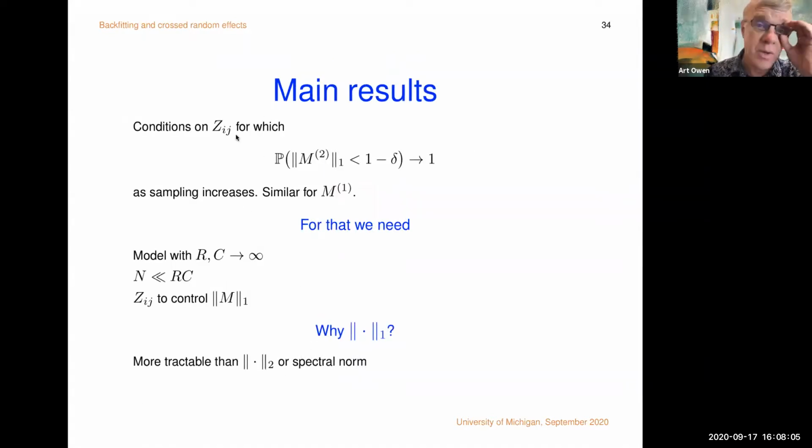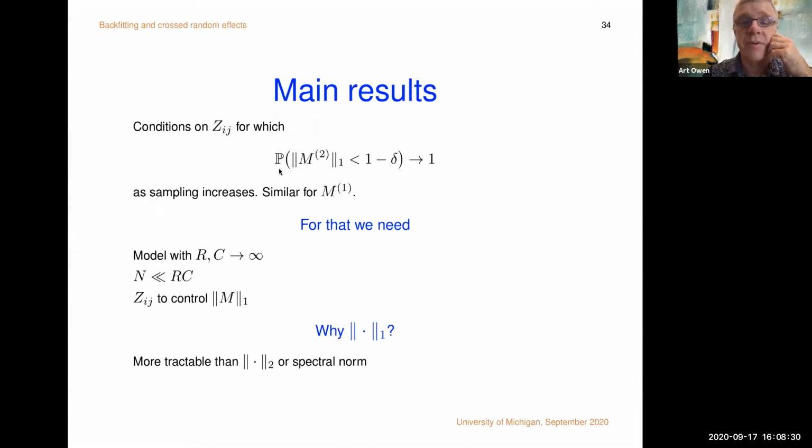Okay, what do we do? We find conditions on this observation pattern that will keep the L1 norm of our matrix away from 1. And it actually works for this other naive centering too. Okay, so with probability tending to 1, it'll be okay, and we'll have a finite number of iterations. And so what do we need?